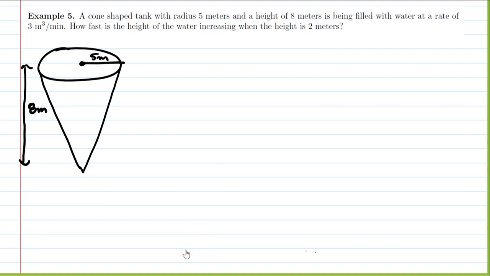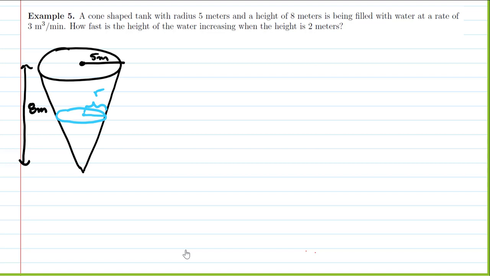What's going to make this situation a little bit difficult is, let's imagine as we're filling this tank up, as the height changes, the radius of the water is changing, right?